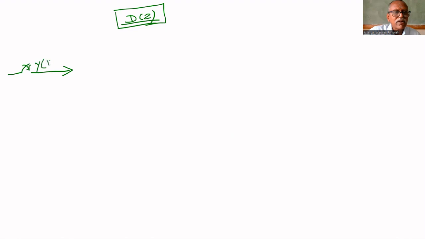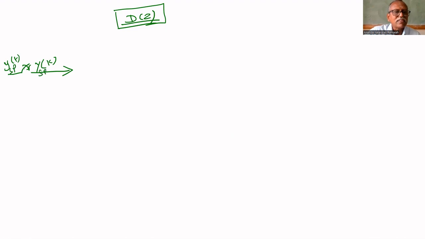Now let us design a deadbeat controller D of Z for a first order process. Before designing D of Z, let us find the transfer function derivation for D of Z. Here, what is the input? A y set point of t is given.